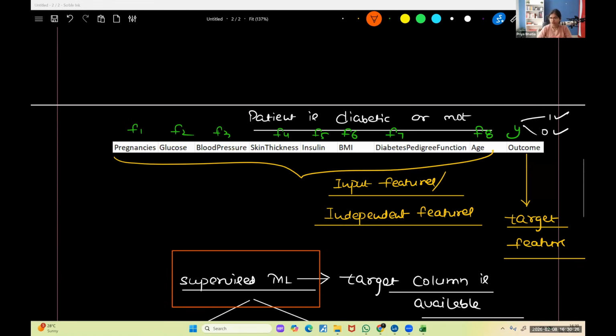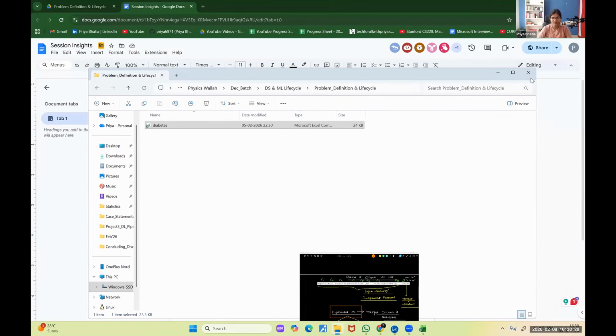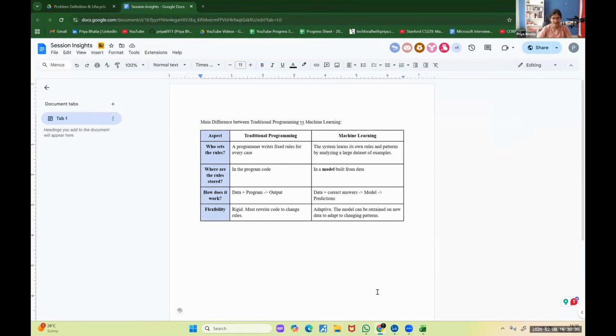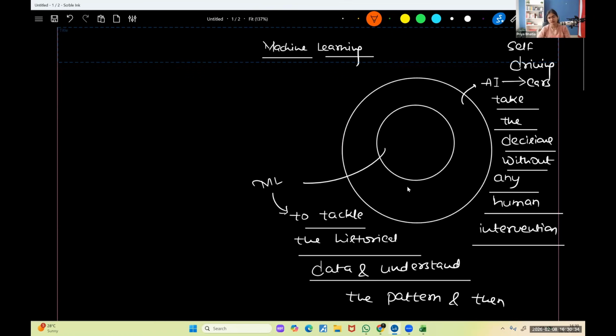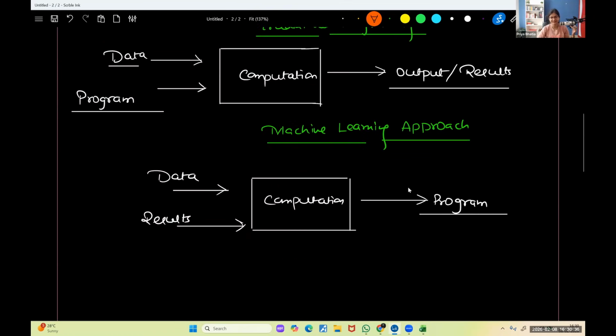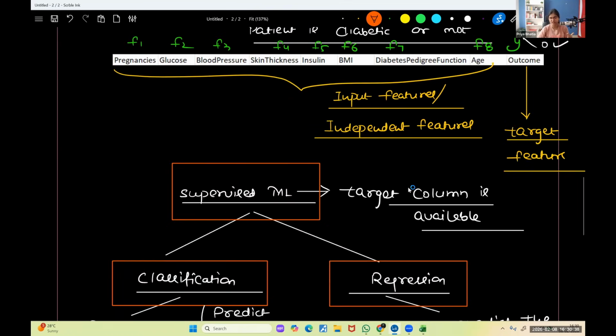So what we have understood so far is, first of all, what machine learning is. The very first component of machine learning is supervised machine learning. Why is it called supervised? Because we have a target column available.